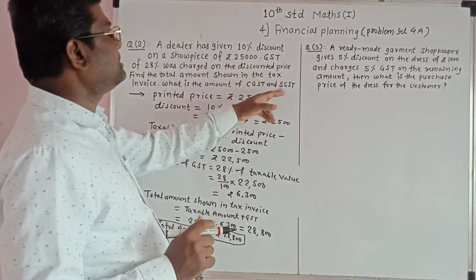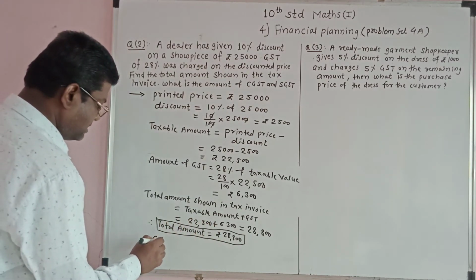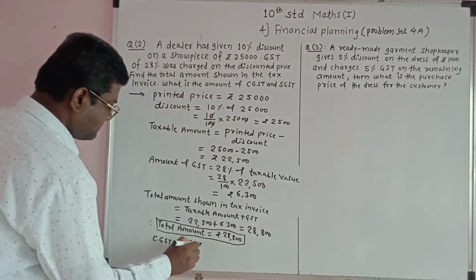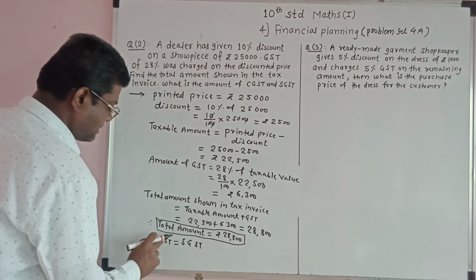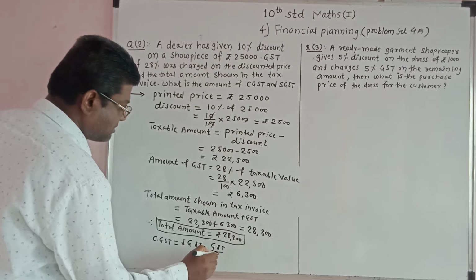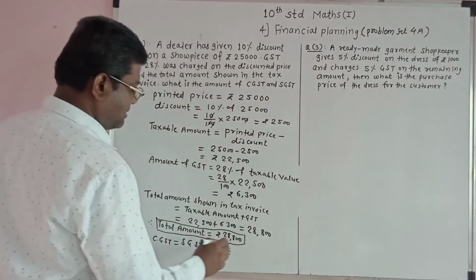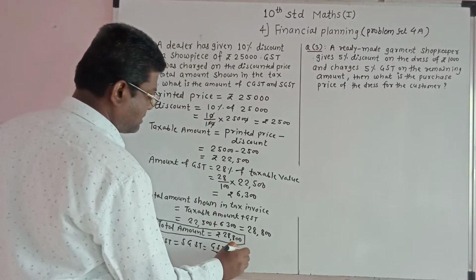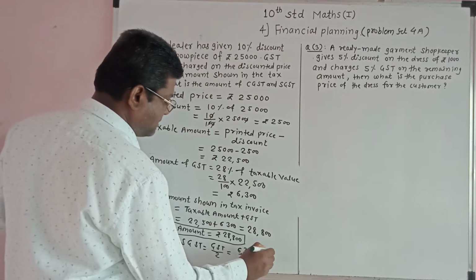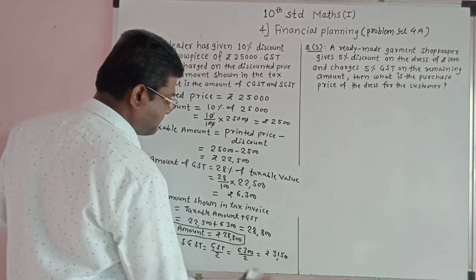Now the amount of CGST and SGST. CGST is equal to SGST is equal to GST upon 2, and here GST is 6,300 upon 2, which is equal to rupees 3,150.